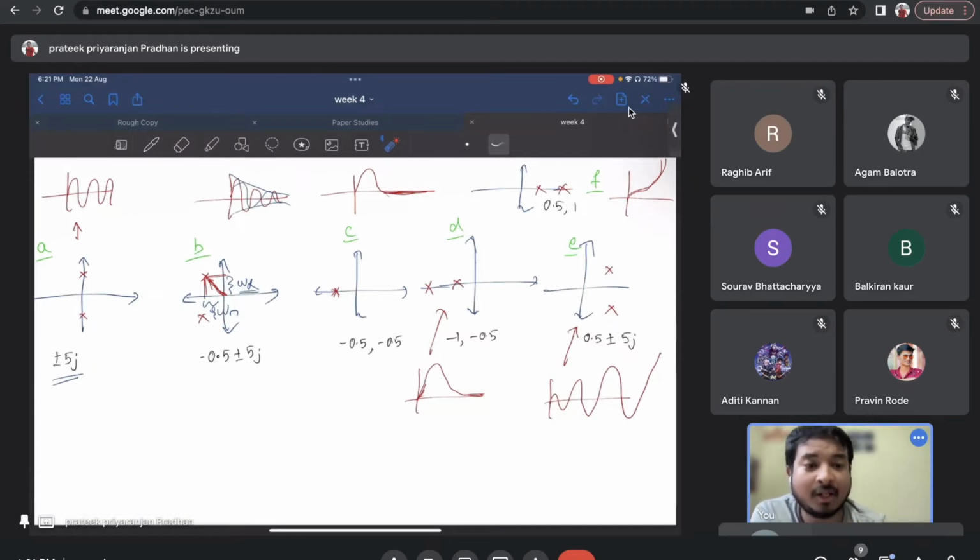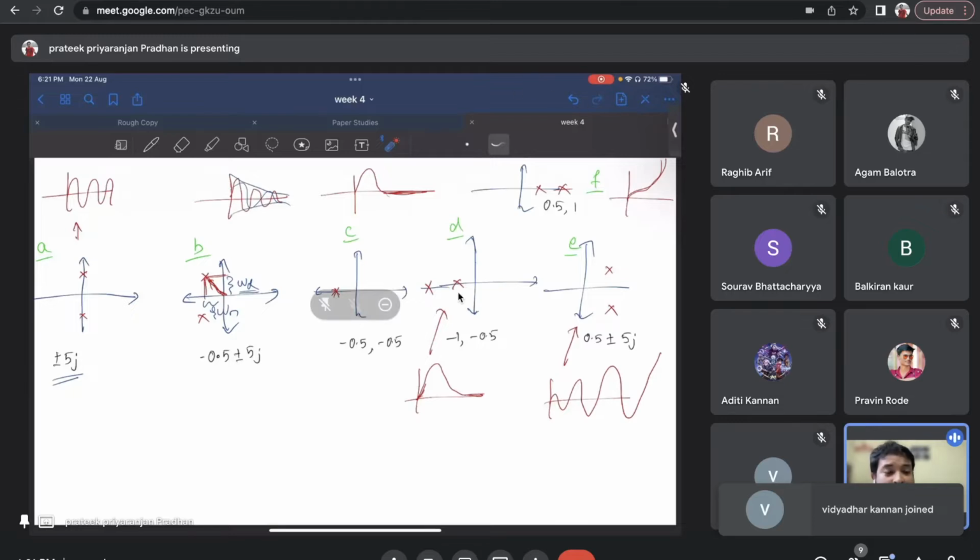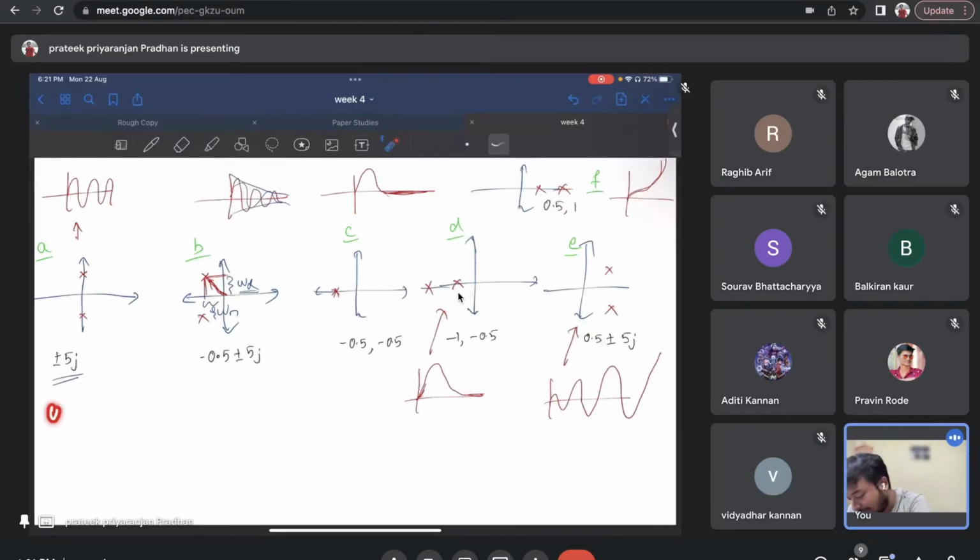There is the damping coefficient. The original system had the natural frequency omega n. When the damping is introduced, the frequency decreases a little bit, and that is called the damped frequency, omega d. Am I clear now?